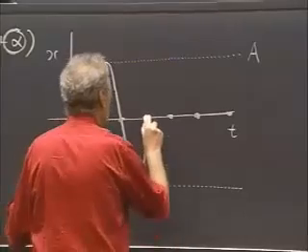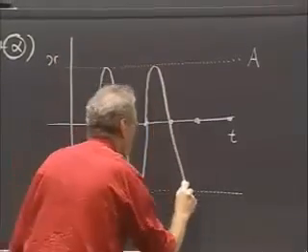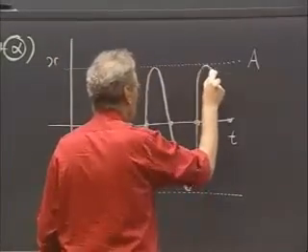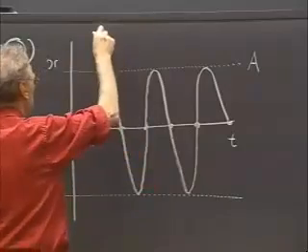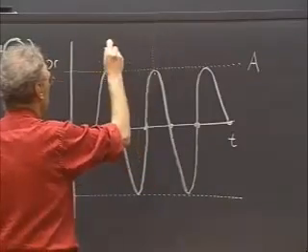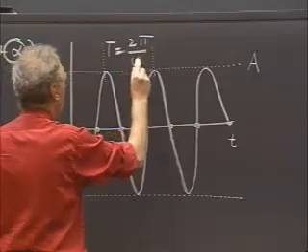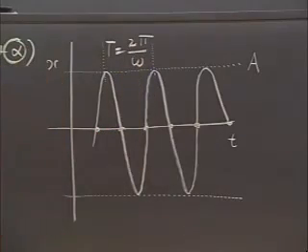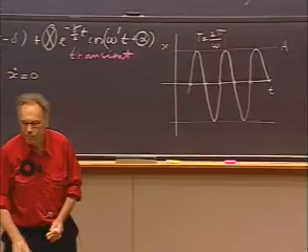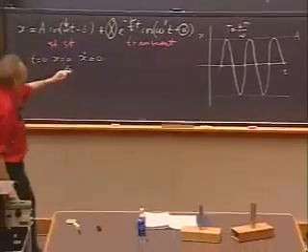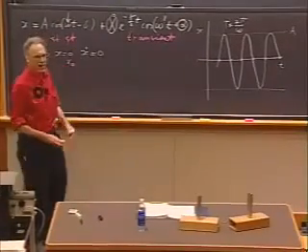And this never changes. This goes on forever and ever and ever. And this time t is 2 pi divided by omega, my omega. However, there is also this one, but this one dies out.